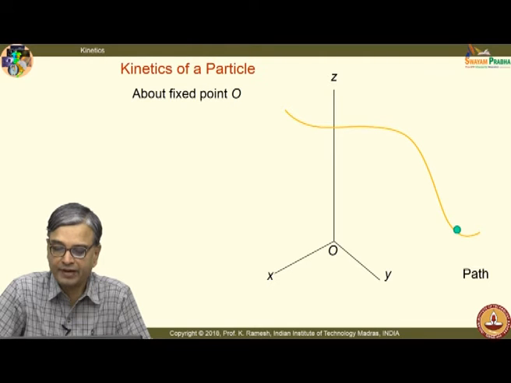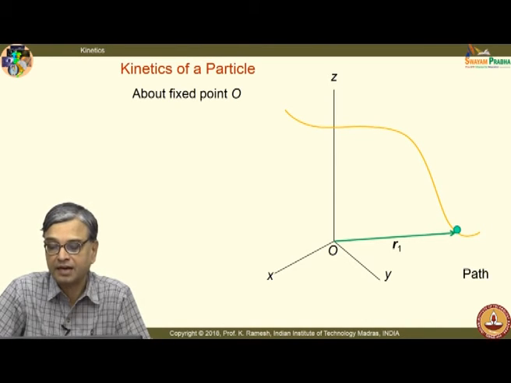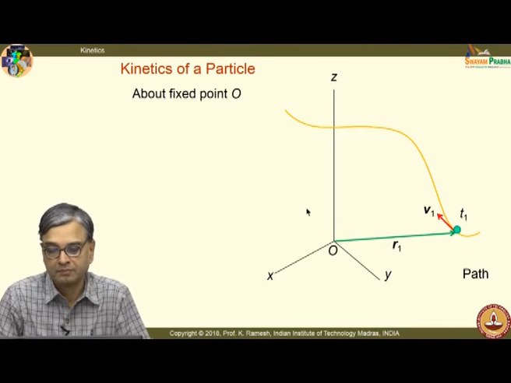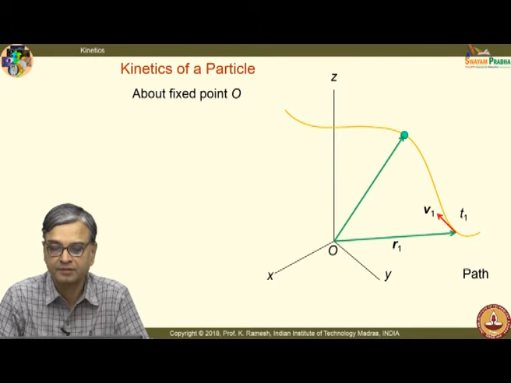We could also label the positions, like a position vector r1 at time t1, and it has a velocity v1. It moves to some other point, and we have this as a generic point. I have this as position vector r.